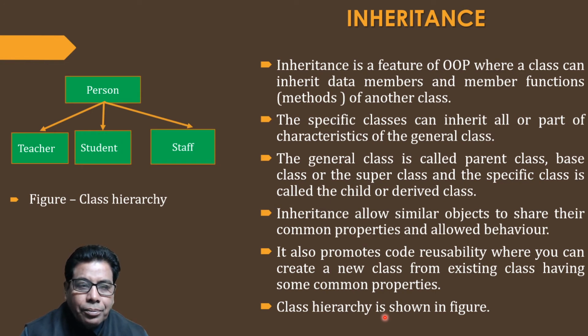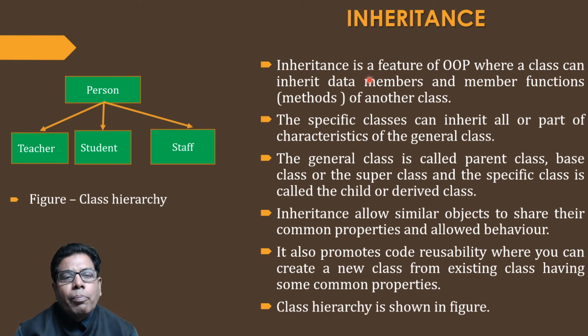That means, as we inherit some of the characteristics from our parents, in the same way object-oriented programming has this feature, inheritance, where the features of a class are inherited by the derived class.